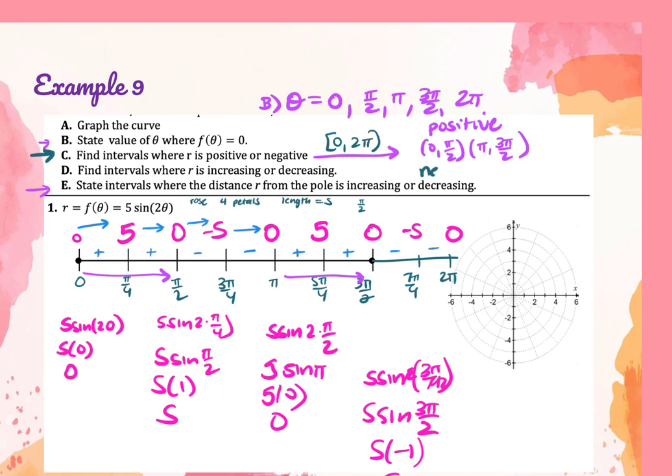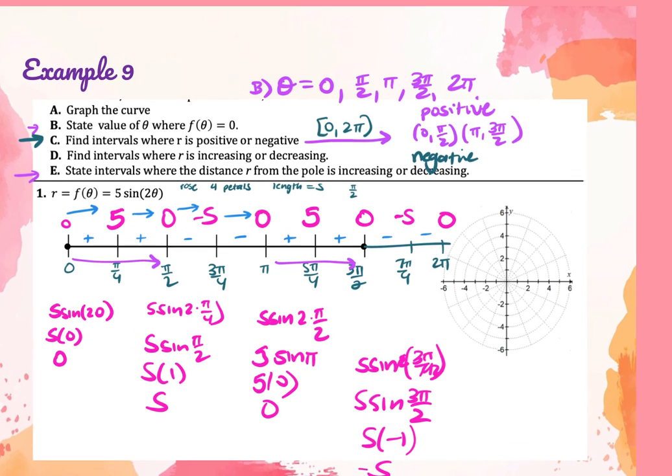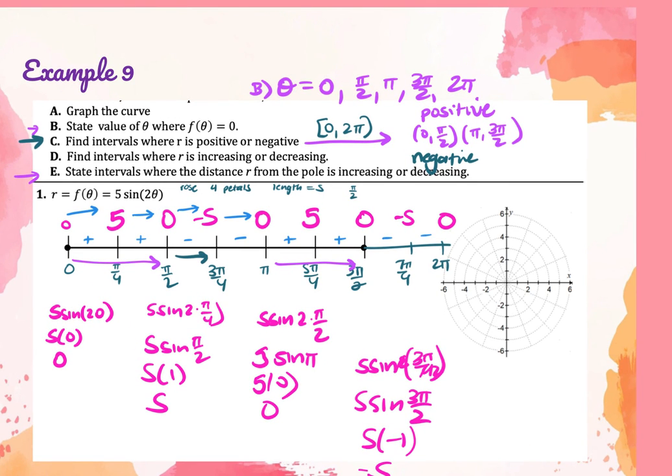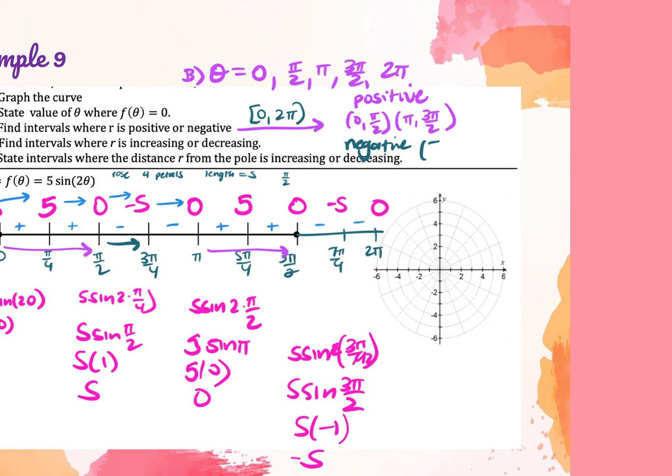It's negative on the interval from pi over 2 to 3 pi over 4, all the way through pi. So pi over 2 to pi, and then it's negative again, 3 pi over 2 to 2 pi.